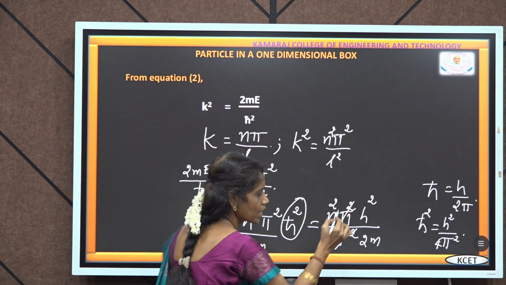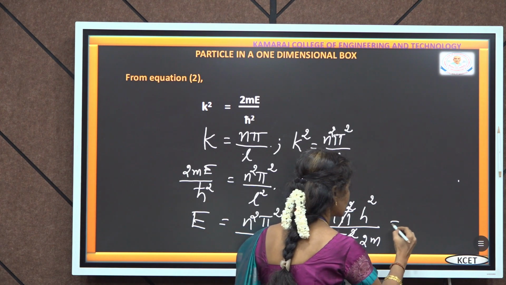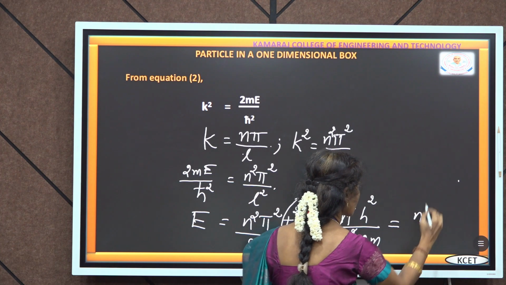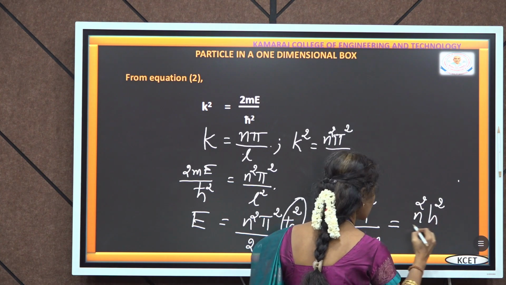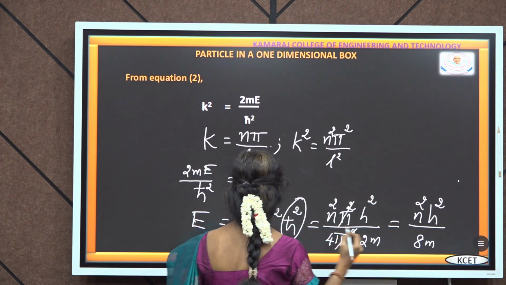Pi square cancelled. On further simplification, the E value is n square h square divided by 8m L square.